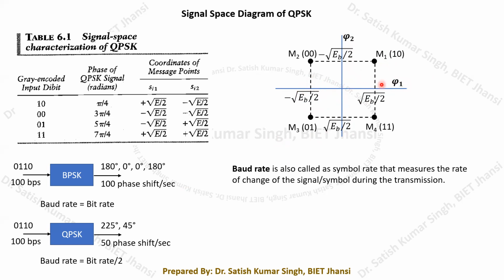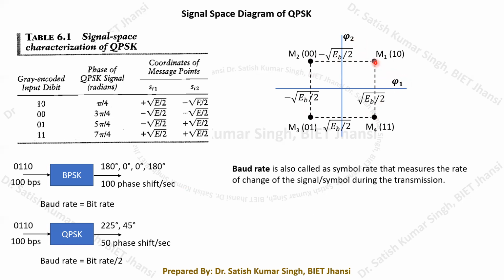Why? Because this represents our message points. When we send the signal, the coordinates we have got are due to the summation of both basis functions phi 1(t) and phi 2(t) with their corresponding coefficients si1 and si2.